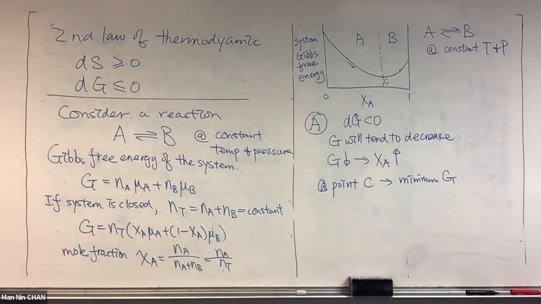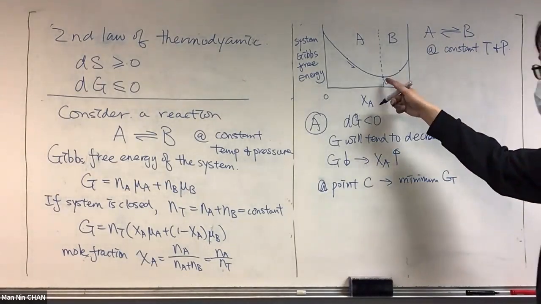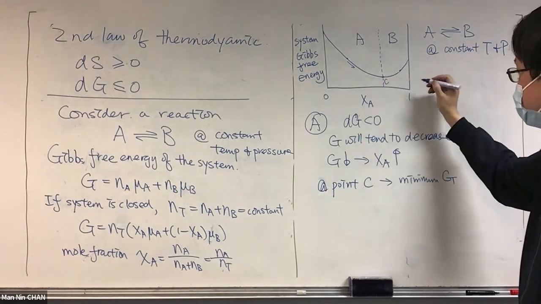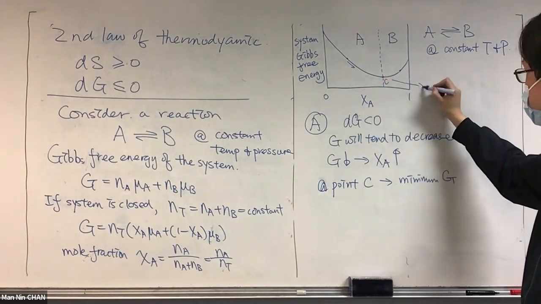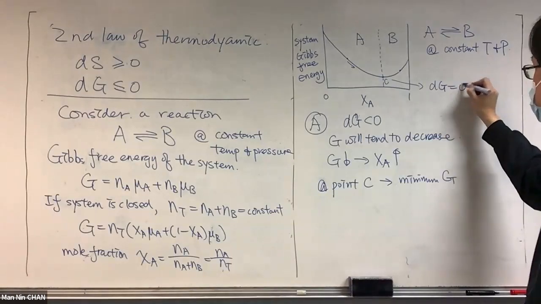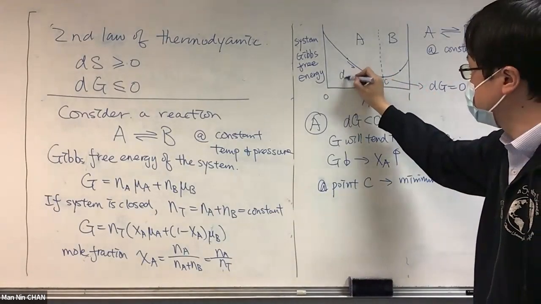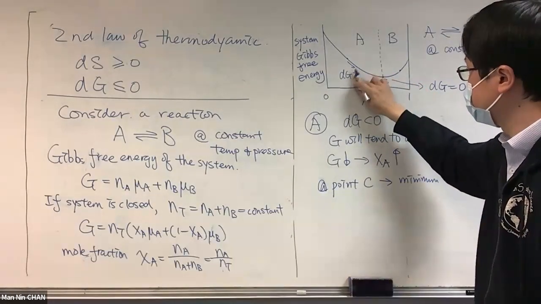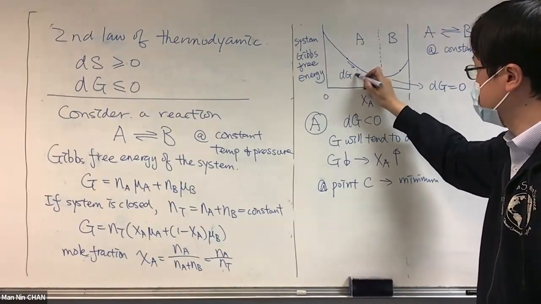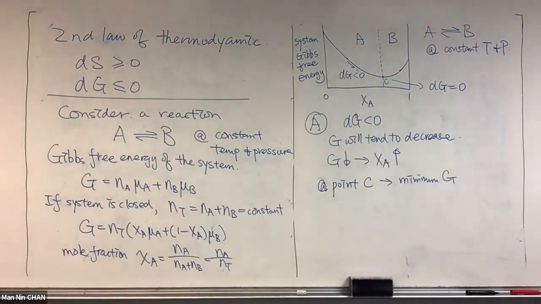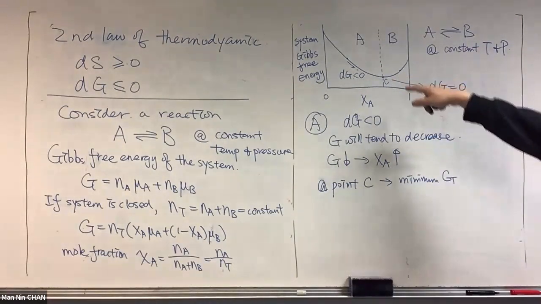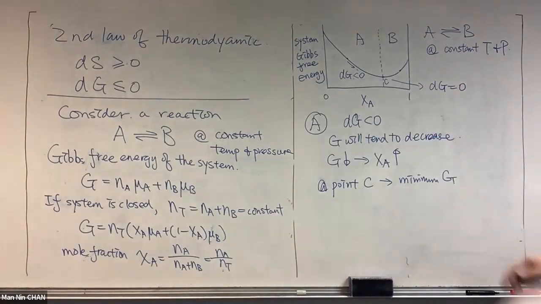Also you can see that the change in your Gibbs free energy at this point, your dG, will be equal to 0. In region A, dG will be negative, less than 0. Therefore, we reach the minimum Gibbs free energy of the system.